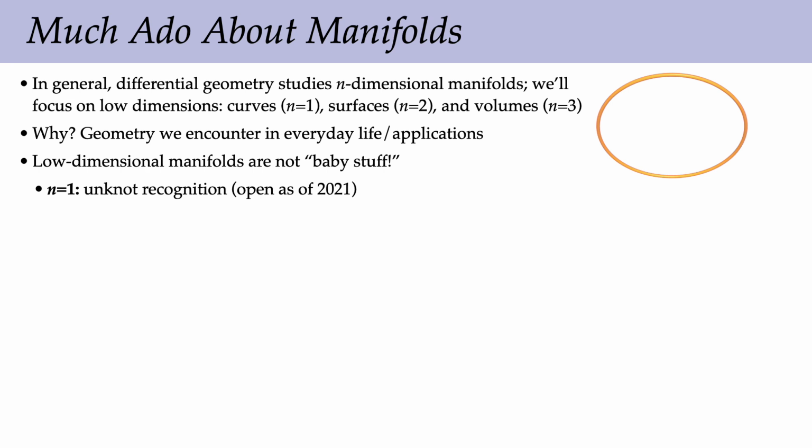So any curve that can be turned into this round circle is called an unknot, otherwise it's called a knot. So a curve like this one, I can't untangle no matter how hard I try. Okay, so as of 2021, nobody knows what is the computational complexity of this problem. Right? Despite hammering away at this problem for many, many years, nobody can answer a problem as simple as, is this curve knotted or not?